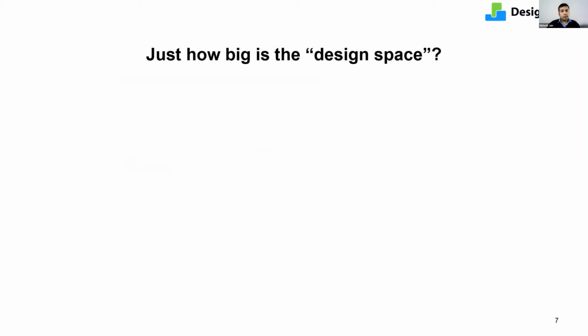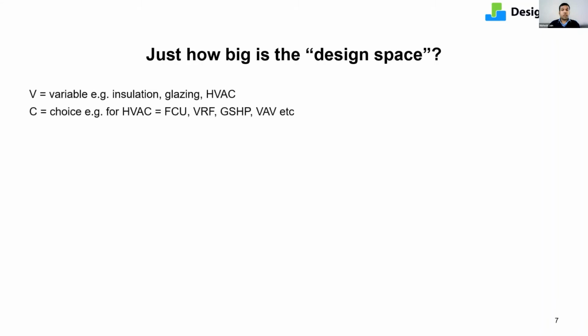So how complicated is the problem? What's the size of the design space and the total possible combinations? For example, in your project, you have design variables such as glazing, amount of insulation, or HVAC systems and their controls. Then for each variable, you have a number of choices.